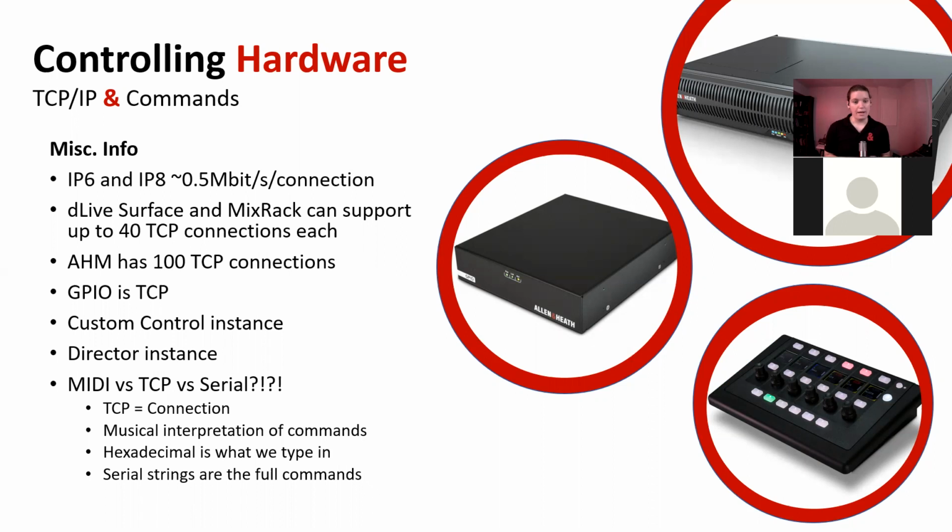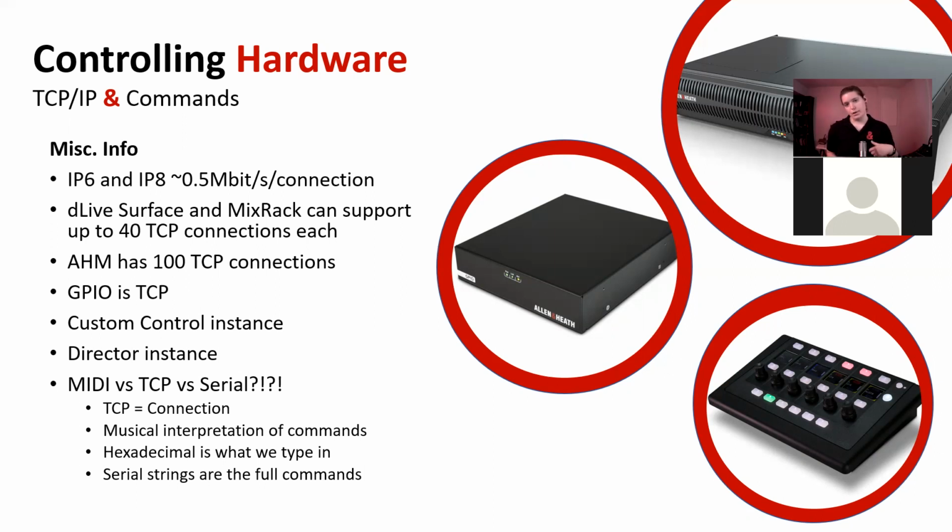So 100 TCP connections is a lot. You can have 64 of the IP1s and 16 each of the IP6 and the IP8. The IP6 is in the bottom right of the slide. 16 each of those, and that still leaves 4 more connections.